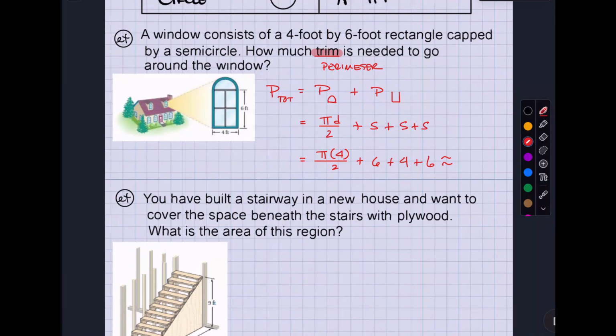So that's approximately what? Correct. Any questions there?